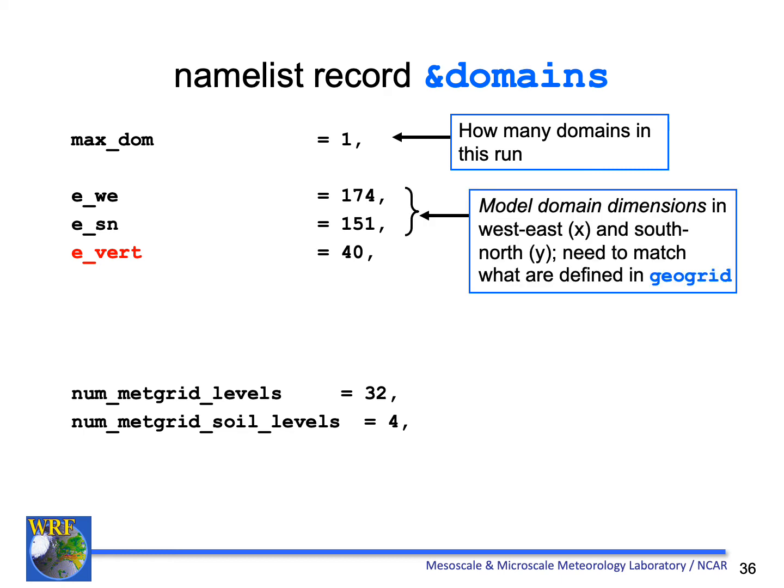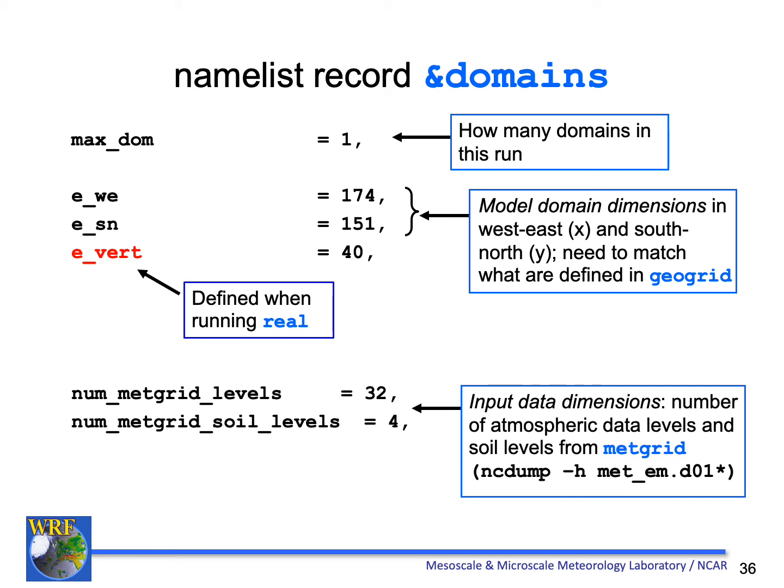The next three variables set model grid dimensions. The first two are the horizontal dimensions, which must match what we set in geogrid. The vertical dimension, e_vert, is a model parameter, which we define when we run the program real.exe.